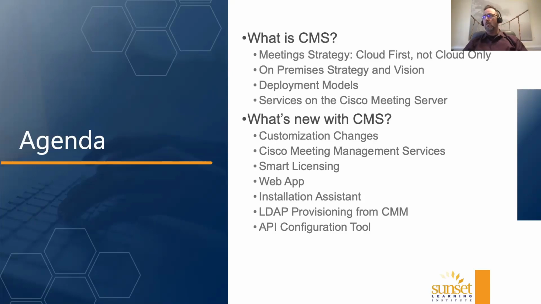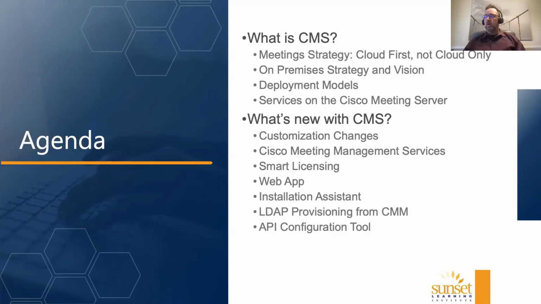As we look at what Cisco Meeting Server is, we're going to talk about what Cisco's meeting strategy is with the different meeting products that they have available today, what their on-premise strategy and vision is. We're going to look at some of the different deployment models available with Cisco Meeting Server and services that run on the back end of Cisco Meeting Server that really make it the robust product that it is.